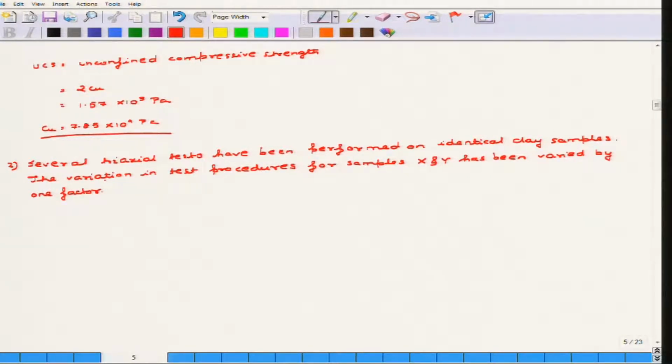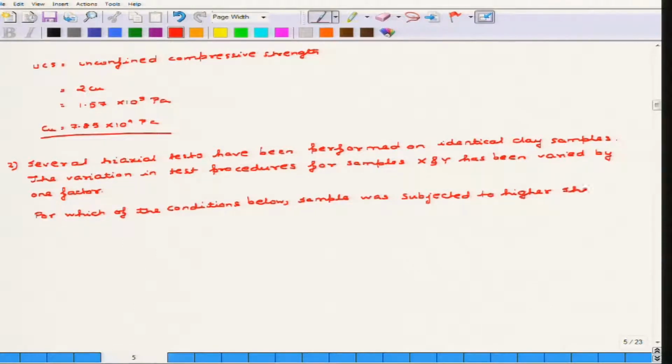Now this is more of an explanatory problem rather than a solving problem, so we will discuss this problem, and it is asked that for which of the conditions below the sample was subjected to higher shear stress value. Now the first question is that a consolidated drained test is performed.